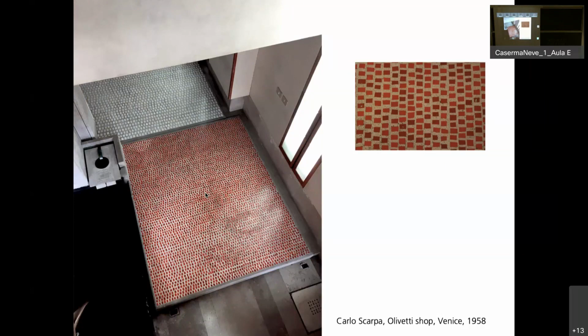In this case, there is again the idea of re-enlivening an ancient tradition of Venice, the sawn marble, sawn stone, typical of Venice, arranged in this abstract mosaic in which every single element has a slightly different color, and that creates a surface that is completely sensorial. It is completely bidimensional, but it has a very strong sensorial character.